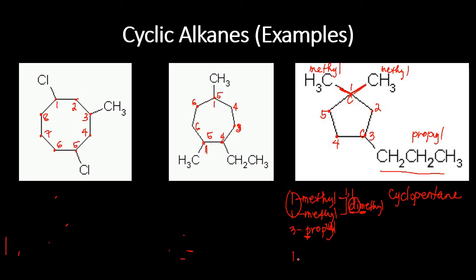Okay, so, all in all, we put that all together. We have 1, 1, hyphen, dimethyl, and then hyphen, 3 propyl, cyclopentane.